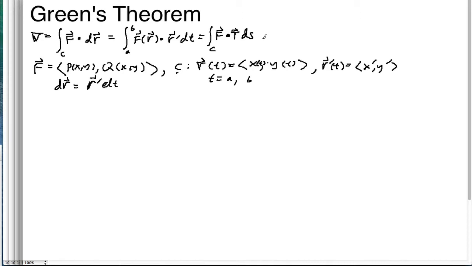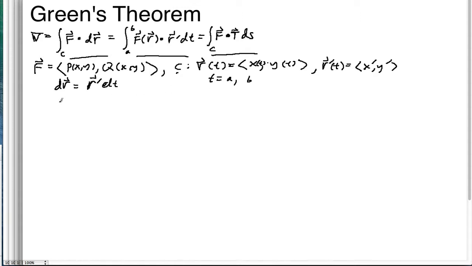So these are some of the ways we write down the line integral, and it turns out we're going to express one more. Each one of these ways, of course, expresses some nuance about the work integral. But we're going to do one more because it's going to be useful for us.